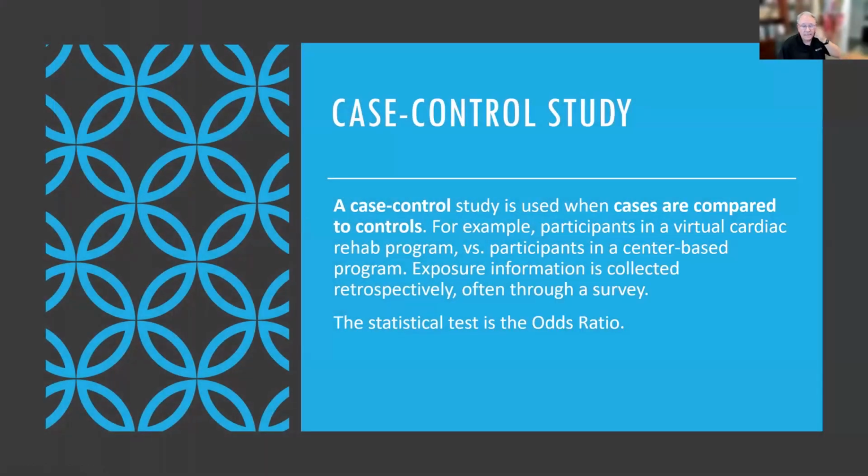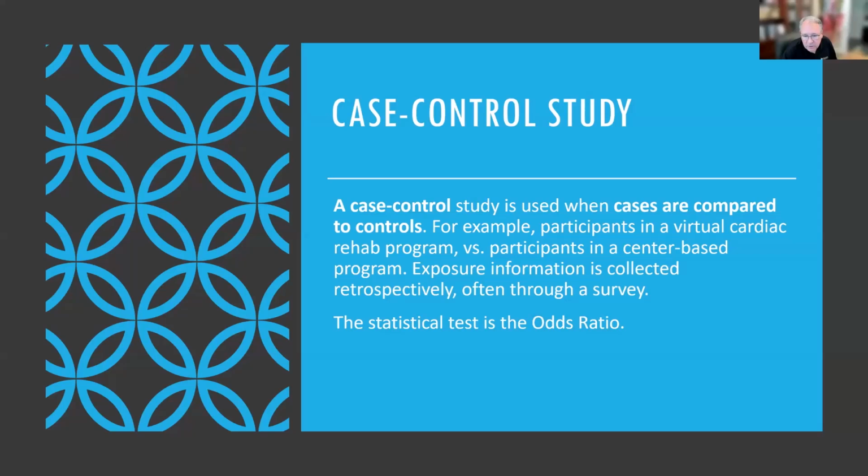All right, so what is a case control study? A case control study is used when cases are compared to controls. For example, participants in a virtual cardiac rehab program versus participants in a center-based program. Exposure information is collected retrospectively.